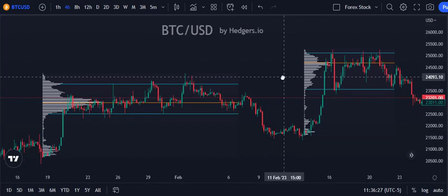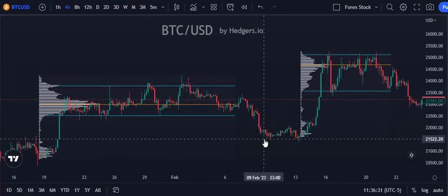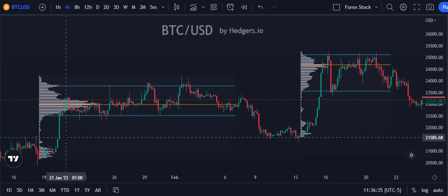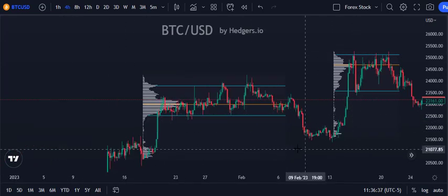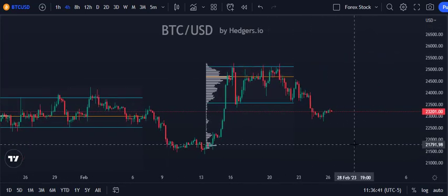So as you can see here, the P-shaped profile formed, breaks down, fills the inefficiencies, like this major inefficiency, and then goes back up. This happens in the uptrend. P shape always occurs in the uptrend.